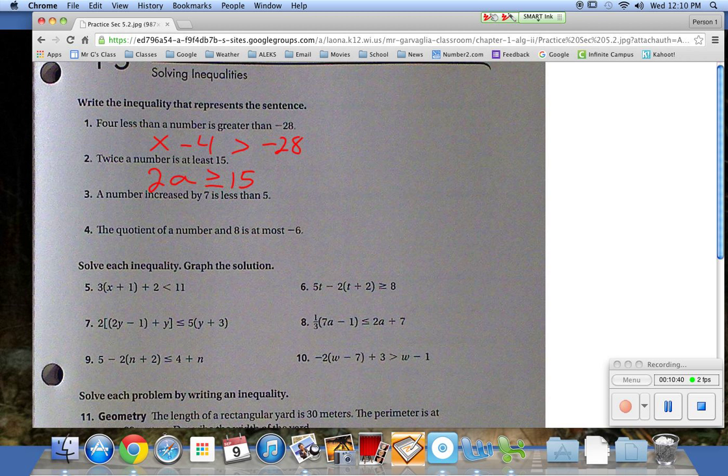Tyrese, a number increased by 7 is less than 5. A number increased by 7, n plus 7, is less than 5, right? Yep. Katie, the quotient of a number, n over 8, is at most negative 6.